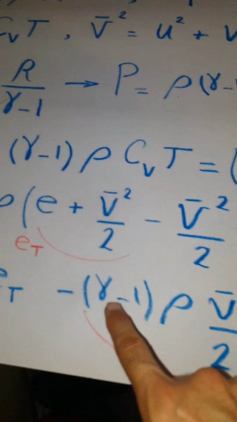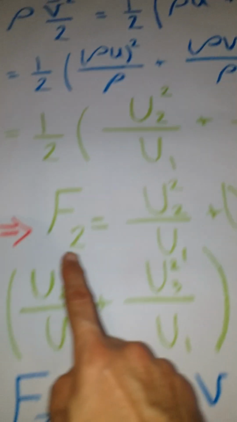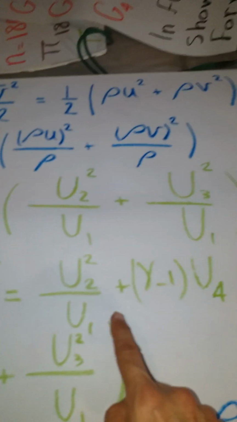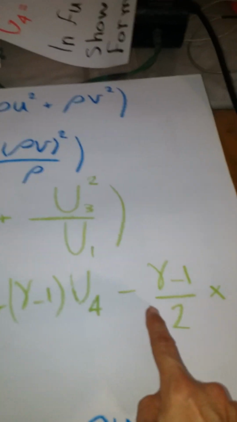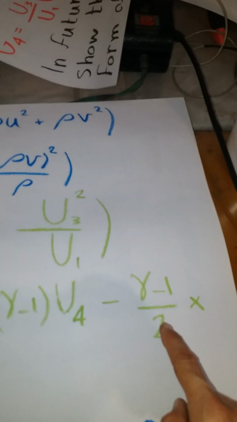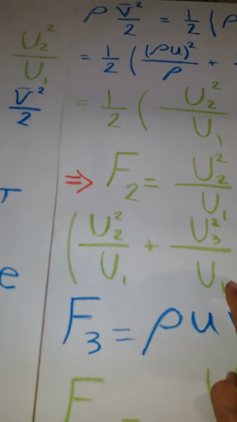For this we have gamma minus 1 and we have this in this form. Put them all together. So F2 is here plus this minus (gamma minus 1) and here, just like that.